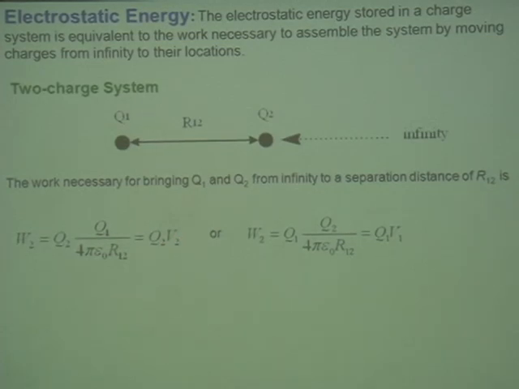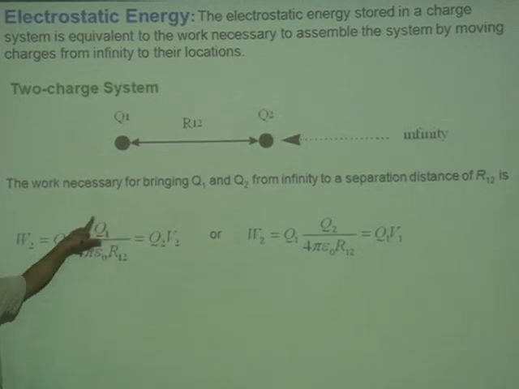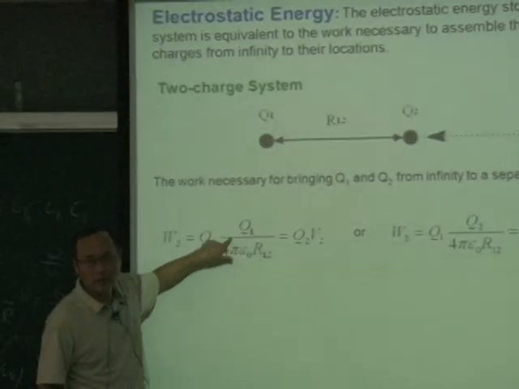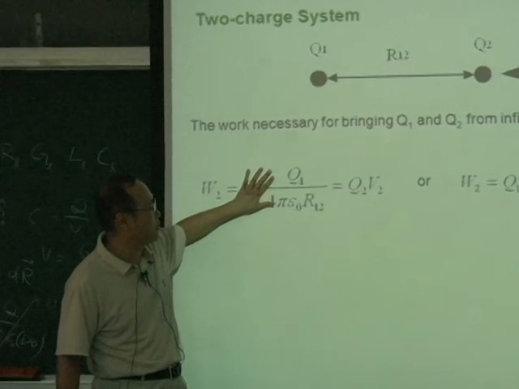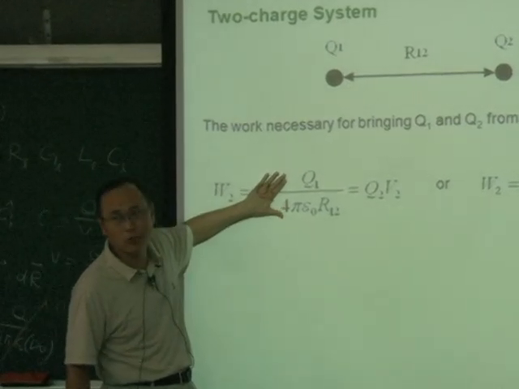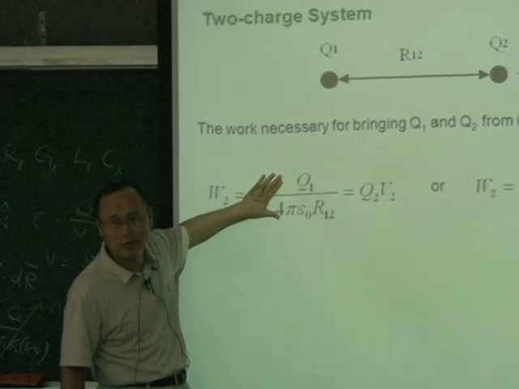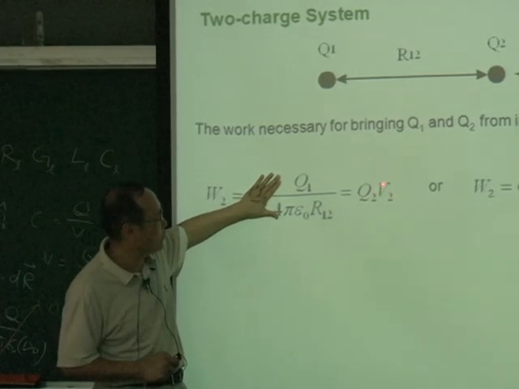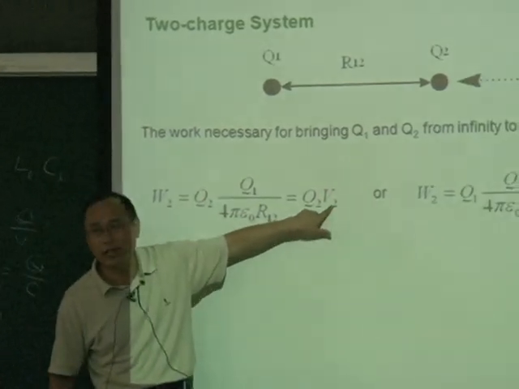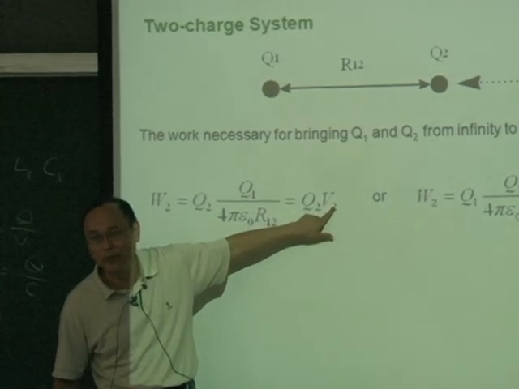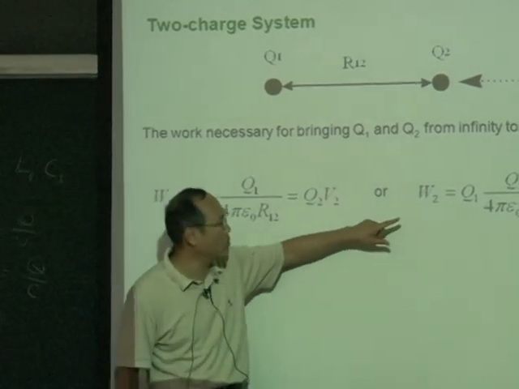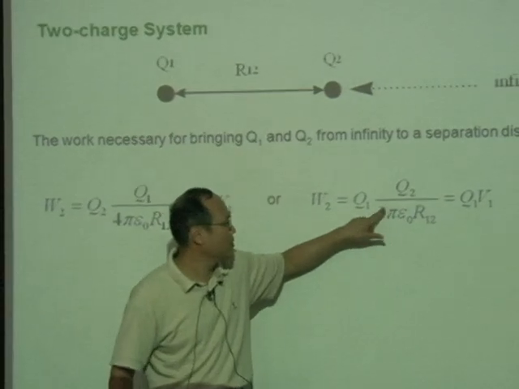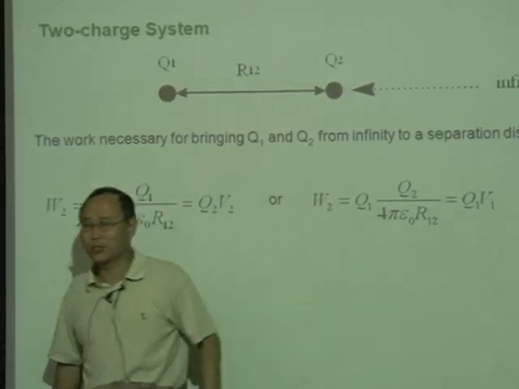OK， 这个 V 是 Q2 不在的时候，你算得出来的一个 potential. We call it V2. Be careful. When I say V2, it means 2 is not in the system. Okay, when I say V1, this means Q1 is not in the system.